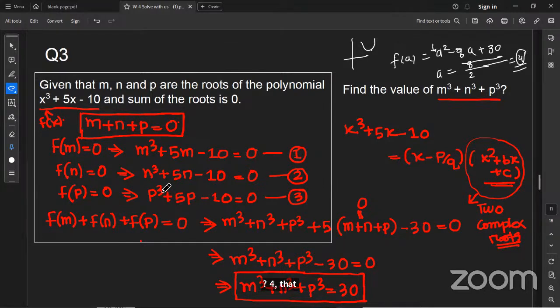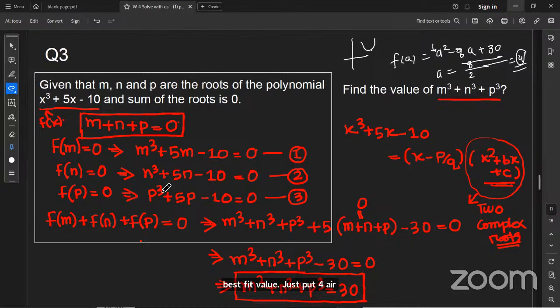So what is the question exactly asking? Sir, 4 is not in the options. No, the question is asking what will be the best fit value. Just put 4 here. You need to find f of 4.